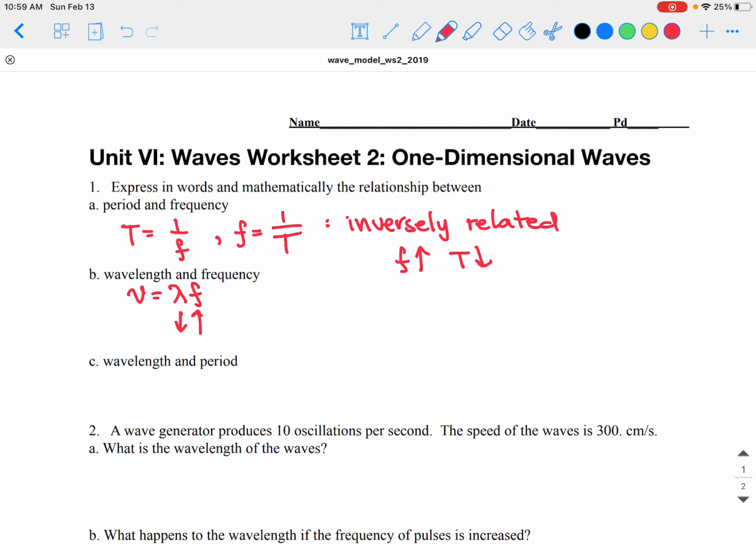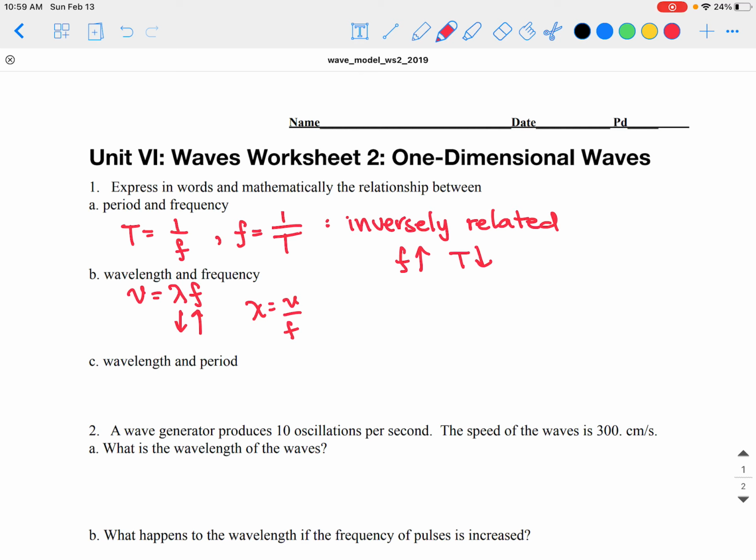This was a concept we learned in the Waves on a String lab, and we can also show it by finding the equation in terms of wavelength. Wavelength is equal to velocity divided by frequency, so you can see that they are inversely related to each other.